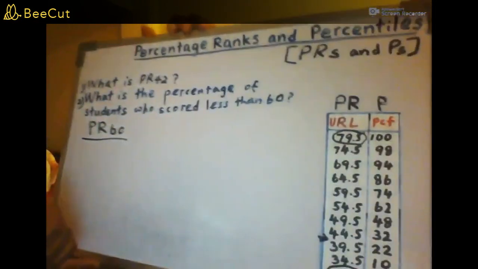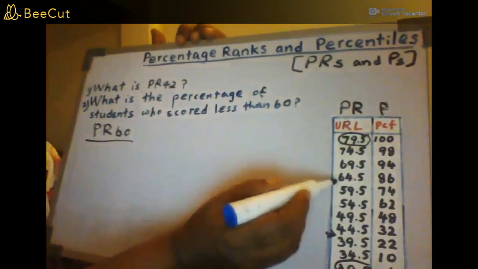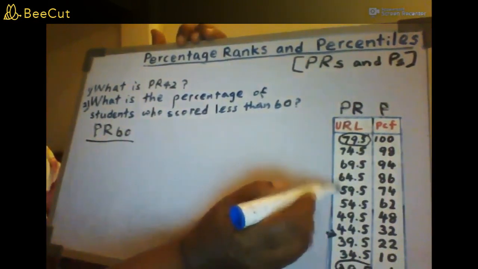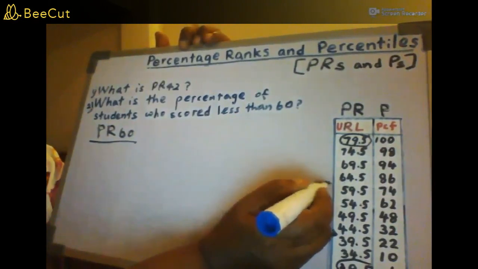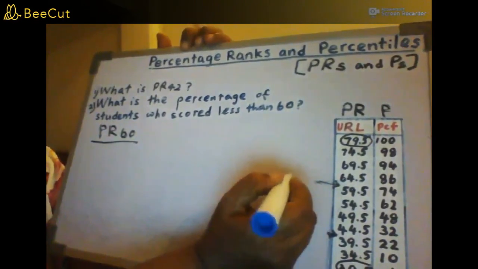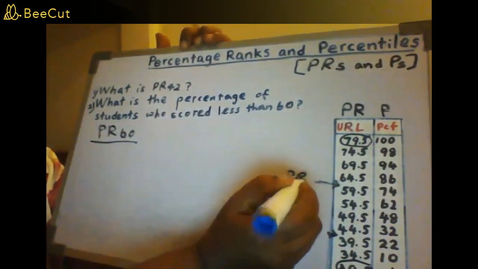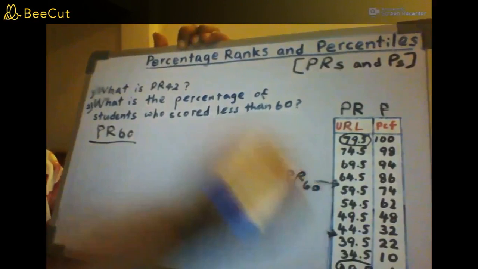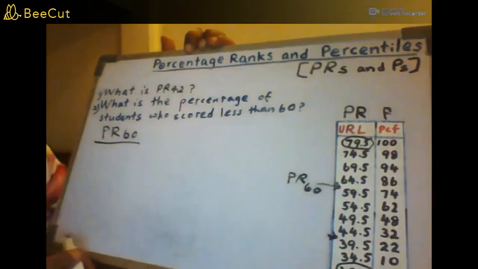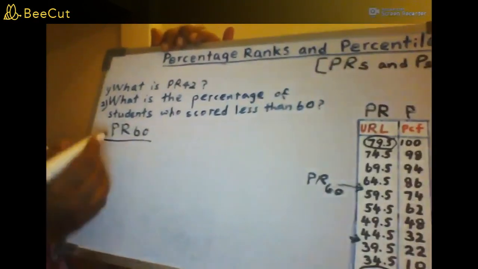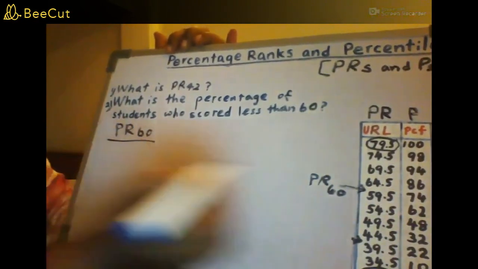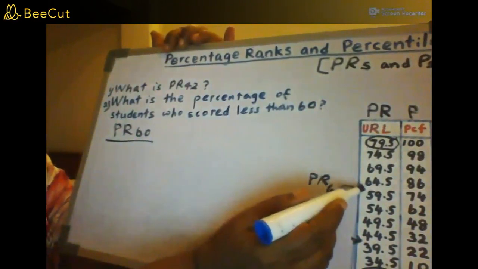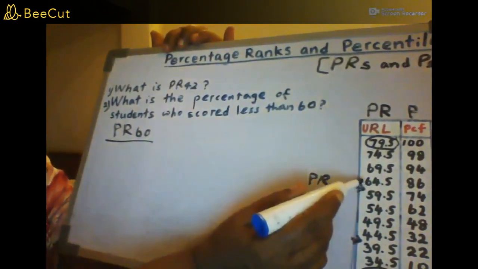Now where's PR 60? Here it's in between these two values, right? So you put this arrow. Then write PR 60. Now you are going to calculate PR 60. So what's the next thing? Now this is the arrow. You'll have to take the value above the arrow.